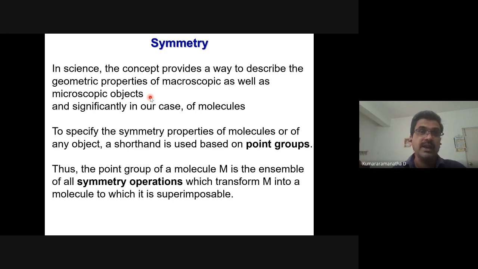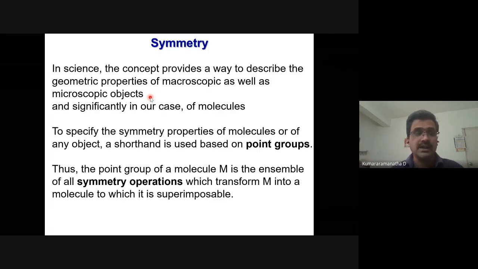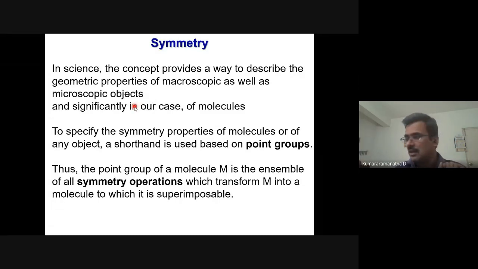You can take a tree, or even the Taj Mahal, which is a very large object, or a microscopic object, for example a molecule of ethane or methane. That is the reason we are jumping from a very high-level object to smaller objects, because we are looking at molecules.